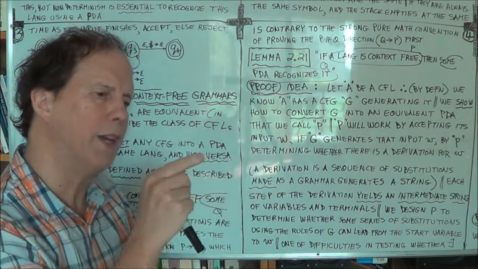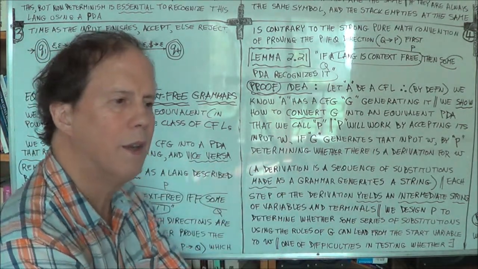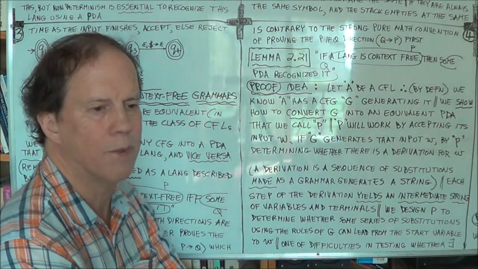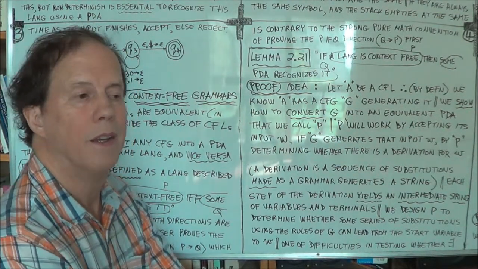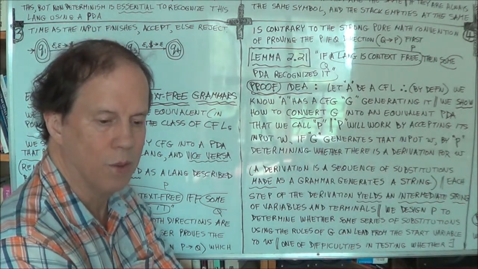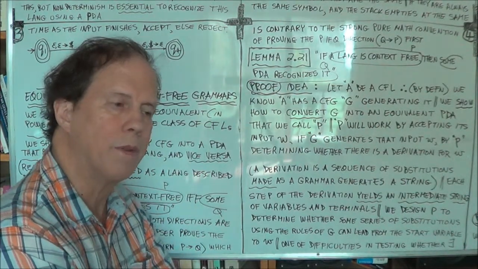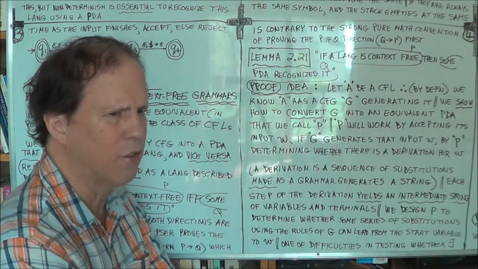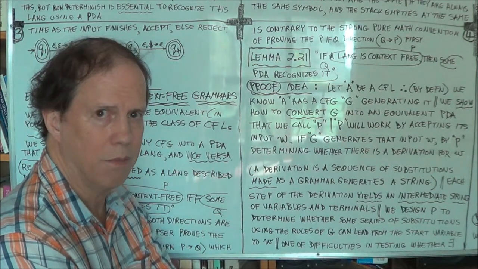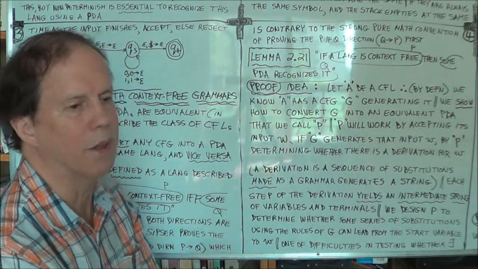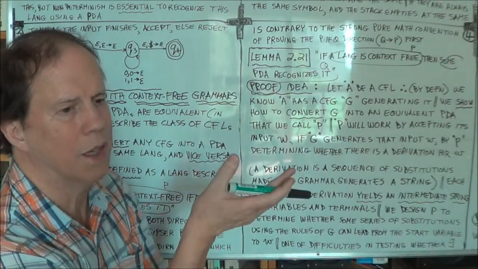Well, you can have the PDA do much the same thing. For example, it could use its stack to store the intermediate string, that progresses step by step. Now there are complications, I won't go into it, but you get the general idea.